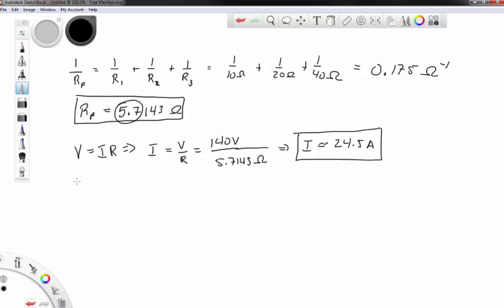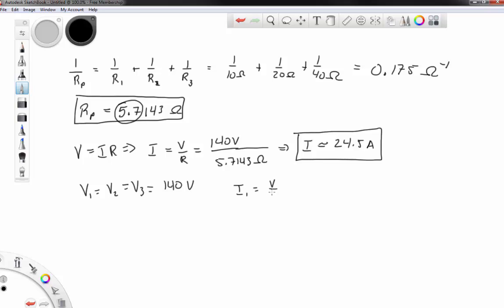So what's the voltage drop across each individual branch of this circuit? Well, the voltage drop has to be the same for every single branch. So basically what that means is that every individual resistor is also going to have a voltage drop of 140. So V1 equals V2 equals V3 is equal to 140 volts. You could then figure out how much current is drawn by each individual branch.